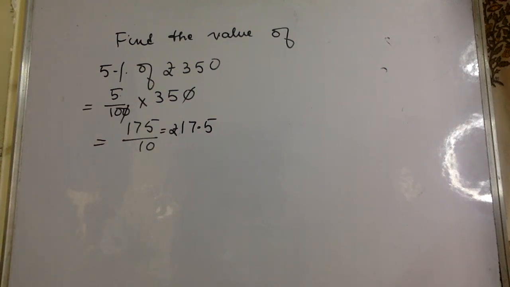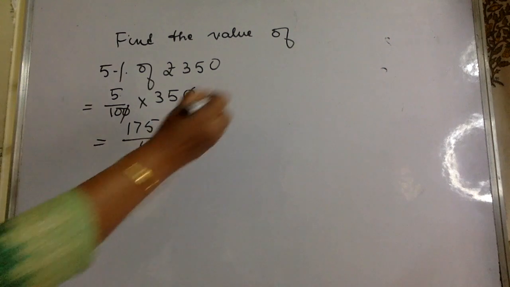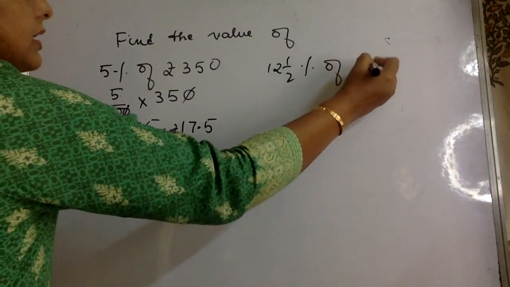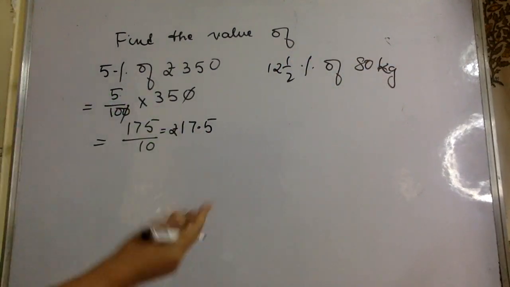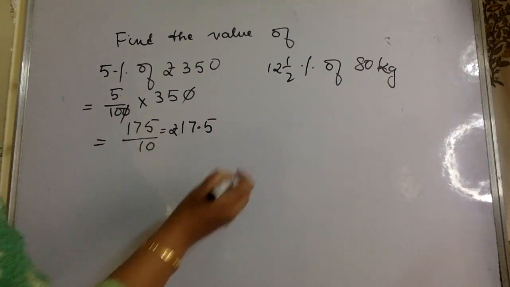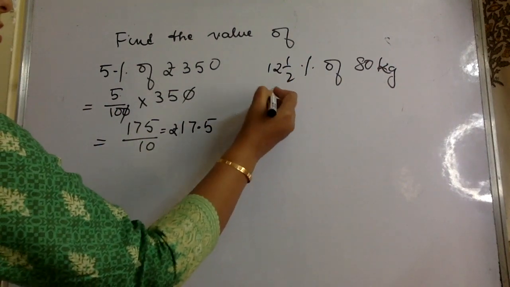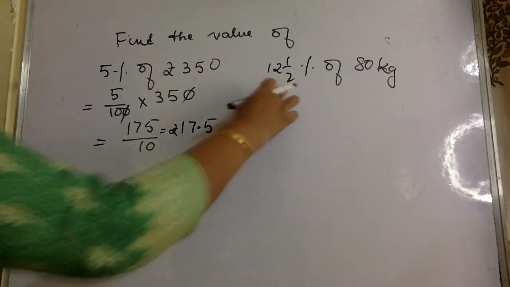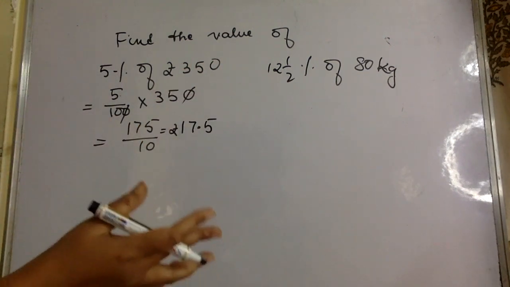Now there can be another question, which is 12.5% of 80 kg. This is also a similar type of question. First thing, write it in fractional method. Here mistakes happen because it is already having a denominator, and so you forget to put the denominator as 100.